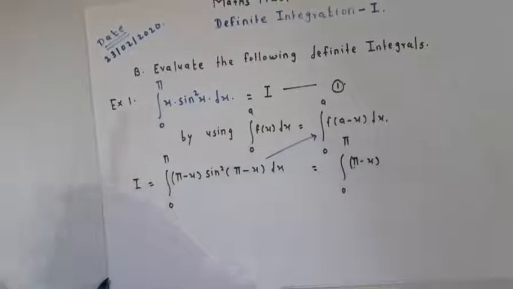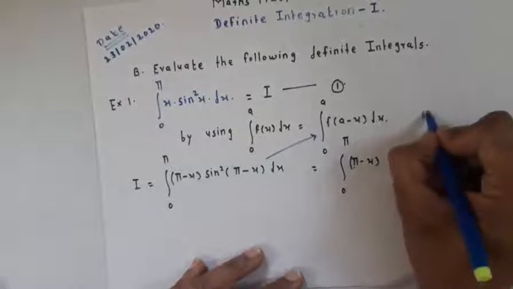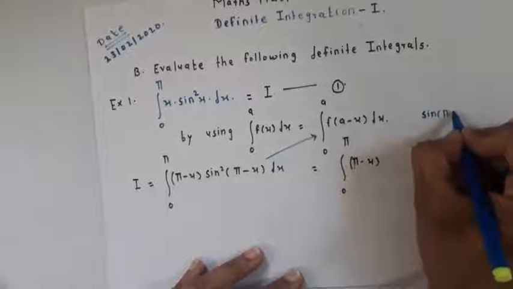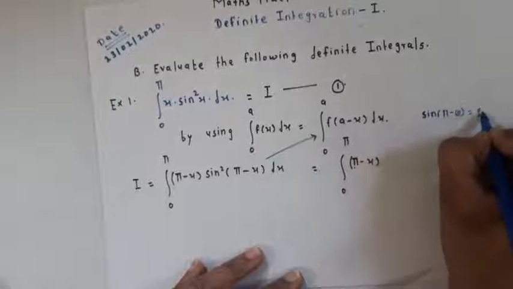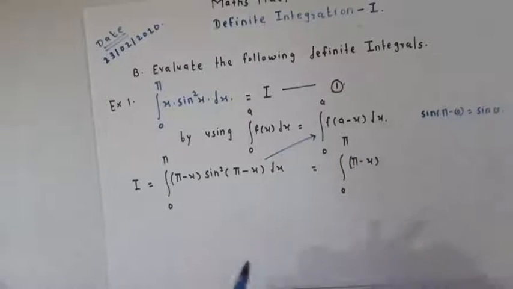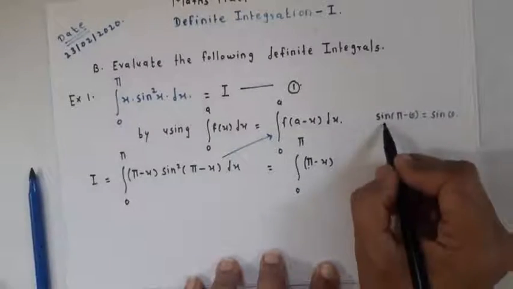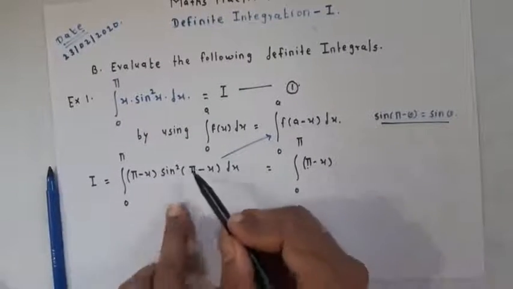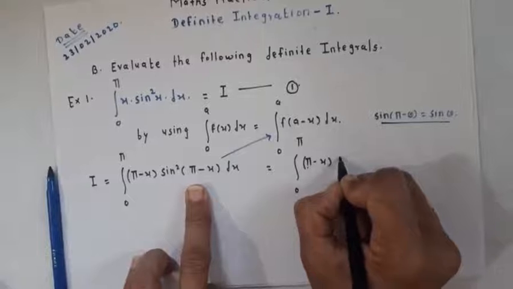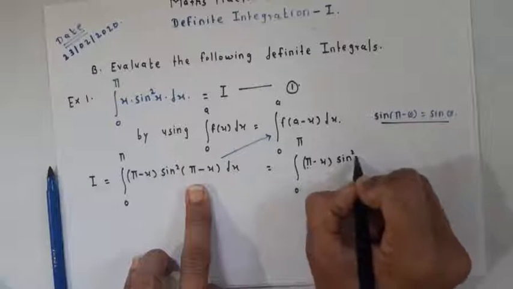As we know the formula, sine of (pi minus theta) equals sine theta, sine square of (pi minus x) is sine square of x.